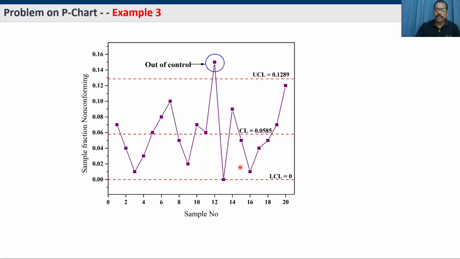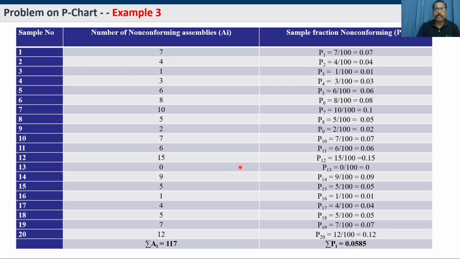The fractions like P1, P2, P3, P4, 7 divided by 100, 4 divided by 100, these values need to be plotted on the graph with the P bar and the LCL and UCL values.